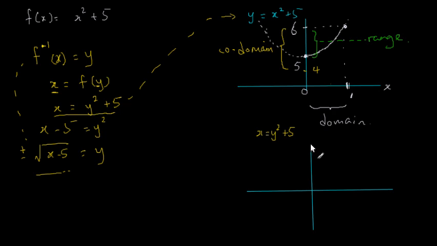I still call this x and y, but the roles of the x and y in the formula are exchanged. So instead of having 5 and 6 here, I now think about having a 5 and a 6 down here, and 4 down here, and 0 to 1 down here.